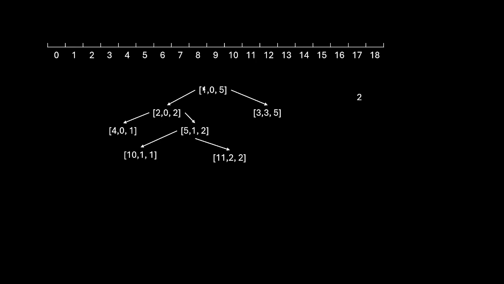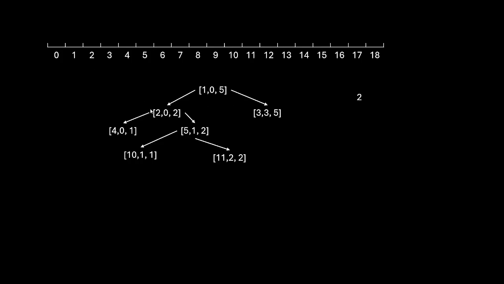So the left child will be 1 into 2, and the right child will be 1 into 2 plus 1, so it will be 3. You can do it from 0 as well, but it's easier to calculate it this way.